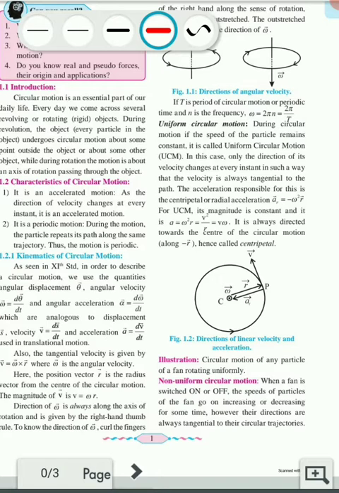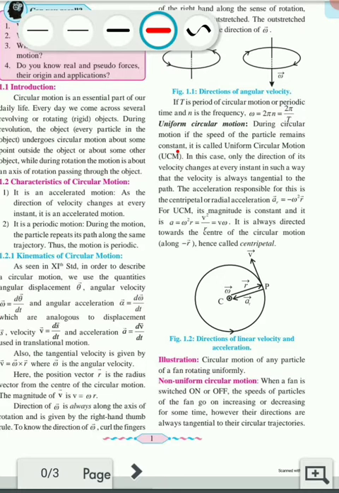So to understand circular motion, we are very well aware that circular motion is the motion in which an object moves along the circumference of a circle.